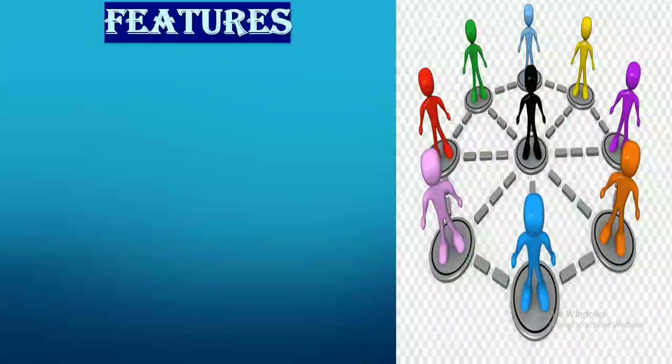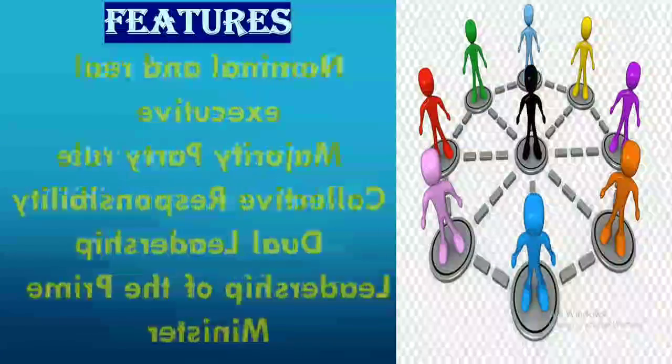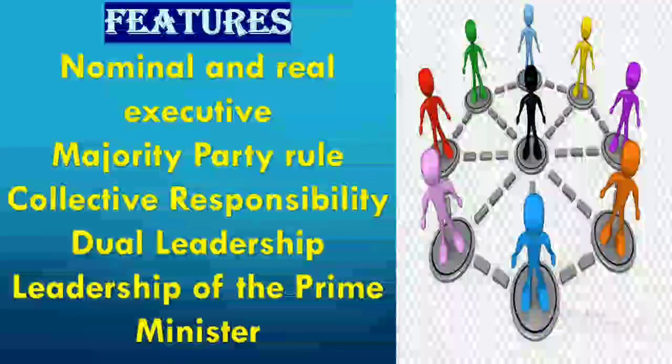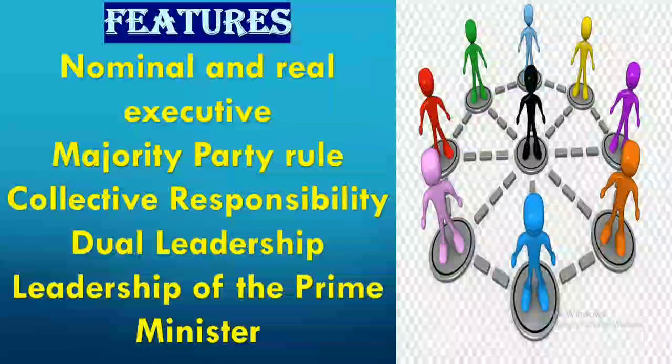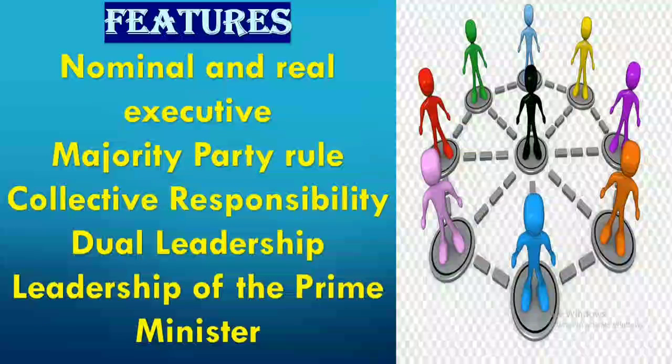The features of the parliamentary form of government are that the nominal and real executive are given in the hands of the head of the government, and it will be a majority party rule with collective responsibility, with dual leadership in which the members also have a part, and the main leader will be the Prime Minister.